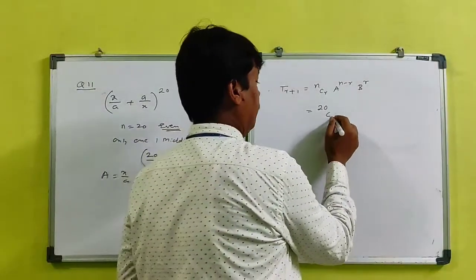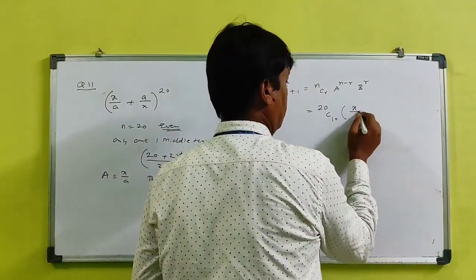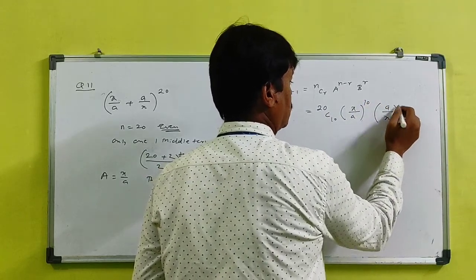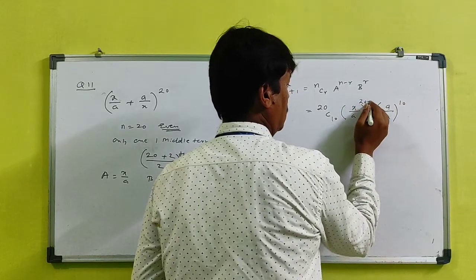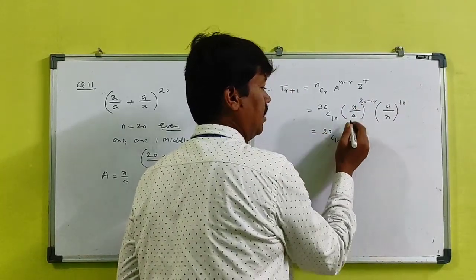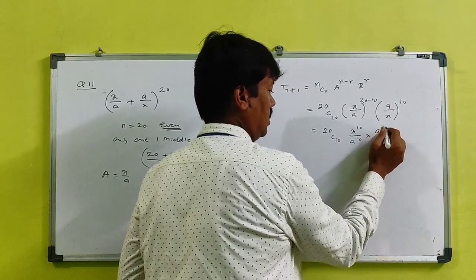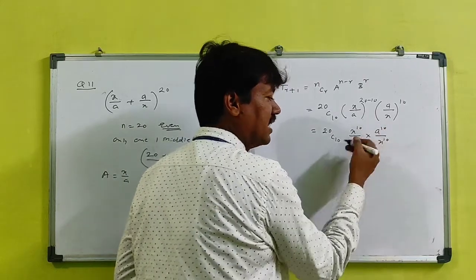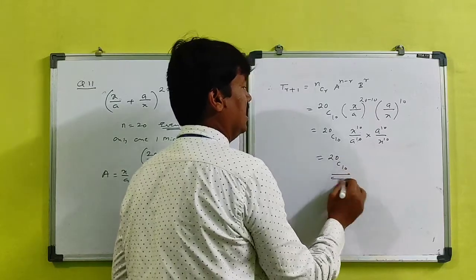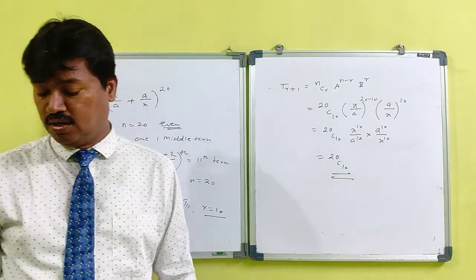It's 20c10, x upon a raised to 20 minus 10, a upon x raised to 10. So it is 20c10, x raised to 10, a raised to 10, and everything gets cancelled. So the answer is 20c10. That is the answer for question number 11.